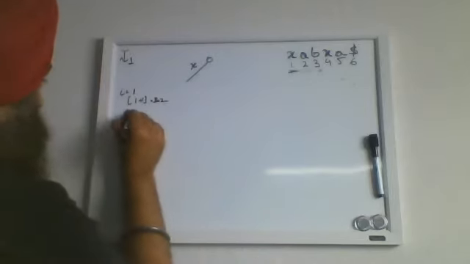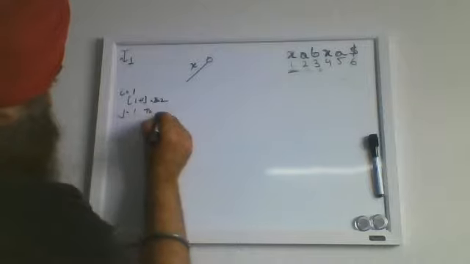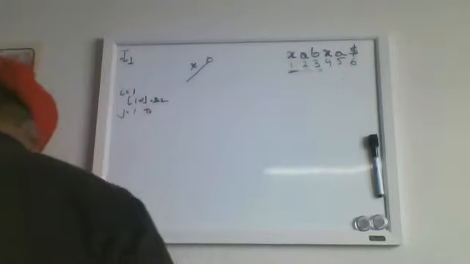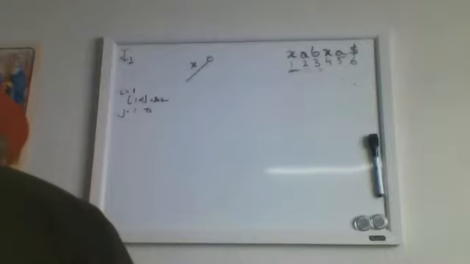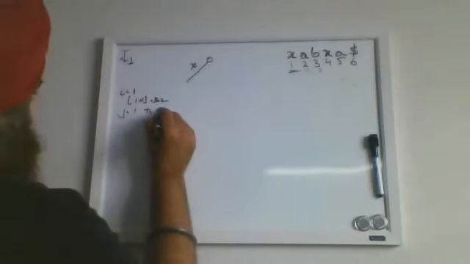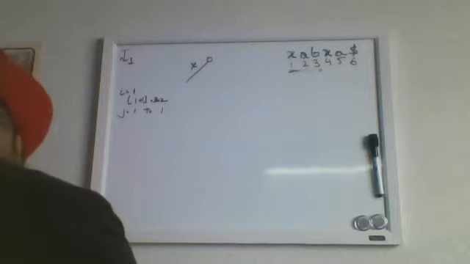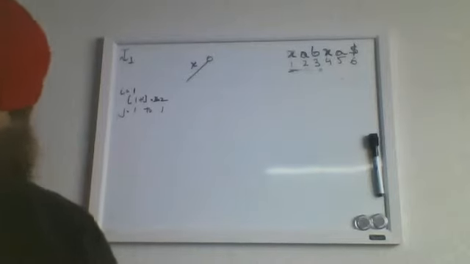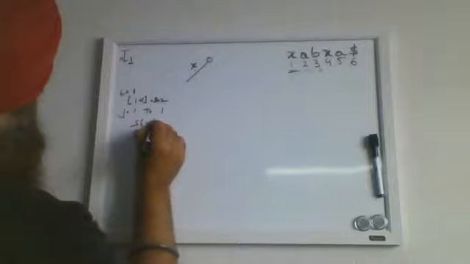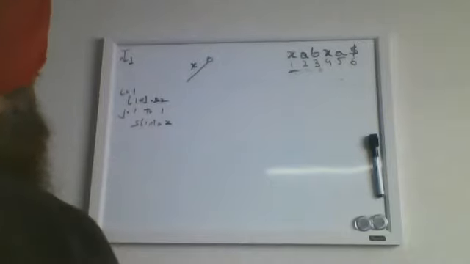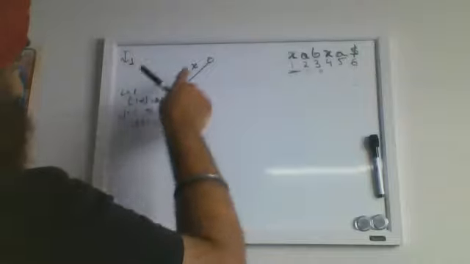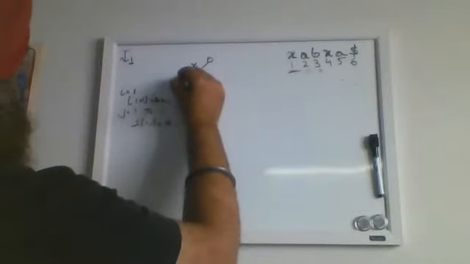Your j will have values 1 to i, means 1 to 1. So you pick up the string s of 1 to 1, which is x. You see x is already present. It's ending at a leaf node.